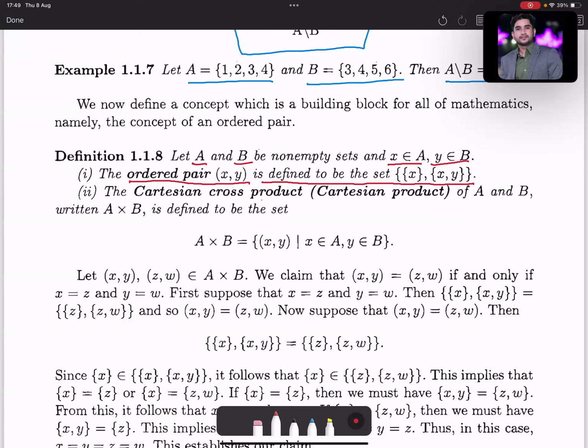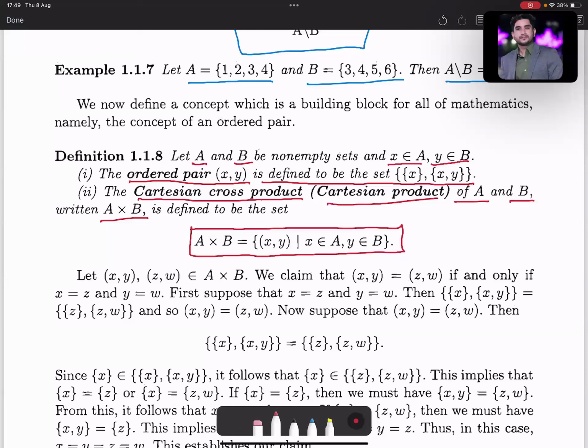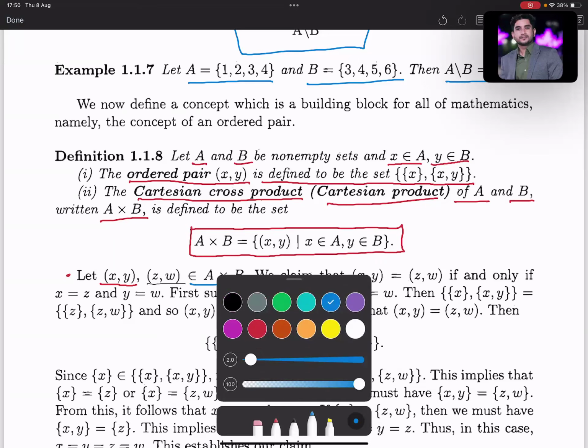The Cartesian product of A and B is written like this and defined to be the set of all the ordered pairs for the elements x in A, y in B. Now consider the property of when two ordered pairs are the same. Let's say this is an ordered pair and this is an ordered pair inside the Cartesian product.